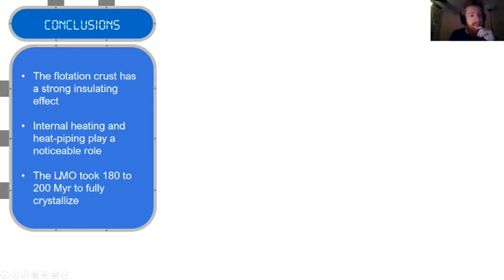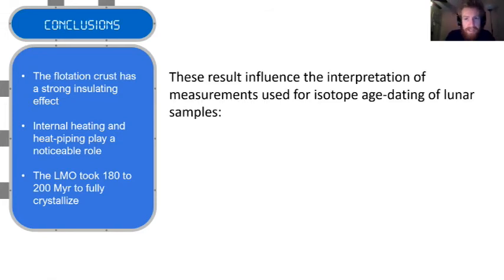And all these lead to a crystallization of about 180 to 200 million years for the full crystallization of the magma ocean. And at this point, I'd like to say a few words on the consequences that this long-lived magma ocean may have.